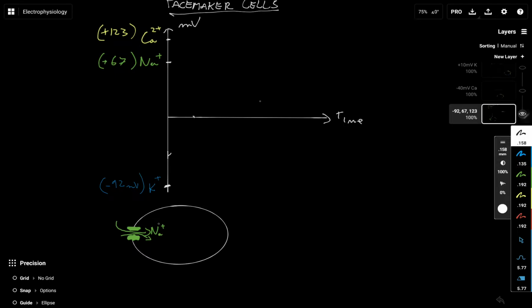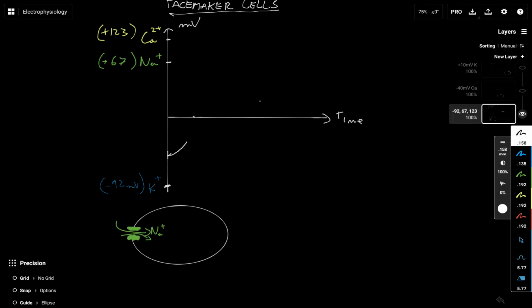Obviously it's extra positive charges, so it's going to start to depolarize and go closer to plus 67 millivolts, because that's where sodium wants it to be. It's going to start going up slowly, not too fast, because of this small trickle of sodium inside the cell.